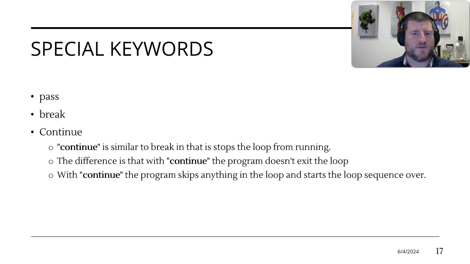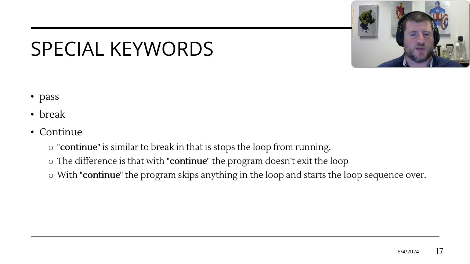Now, the continue statement is really cool. It does the same thing as the break, right? It stops the loop right where it is, and it jumps to the end of the loop. But instead of exiting the loop, it starts the loop over from there. So sometimes with a continue, you can skip a large portion of the calculations in the loop if you don't need them. But you don't get out of the loop entirely.